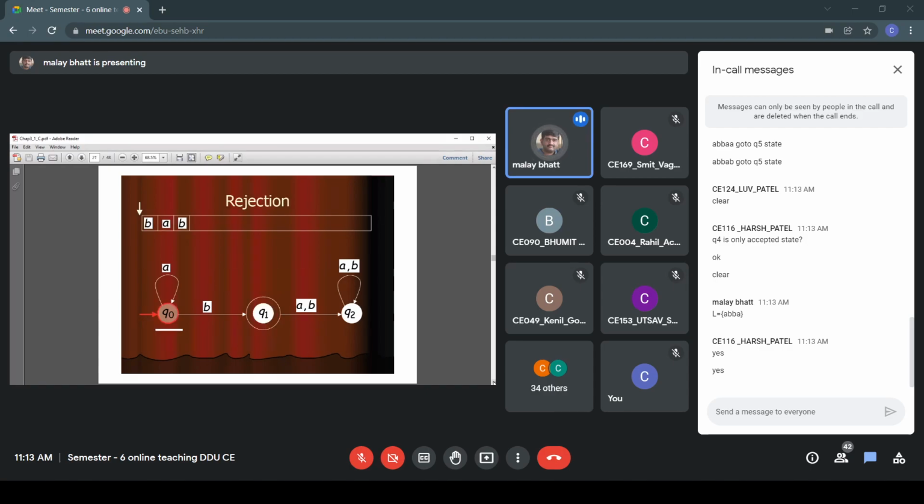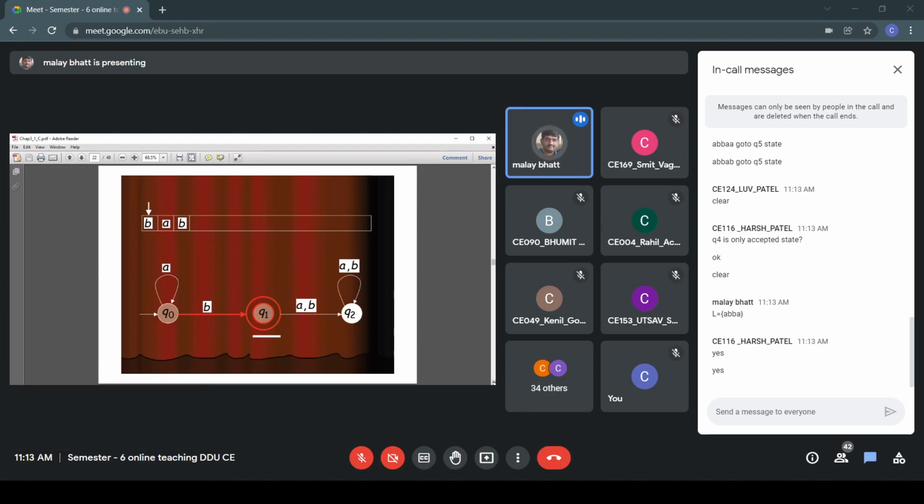Now let us check for BAB. So now from Q0 on input symbol B we will go to Q1. Now you can see this Q1 is an accepting state, but we have not checked the complete input. Without reading the complete input, we cannot take a decision. If we read the complete input up to the end of the string, then and only then can we announce the result.